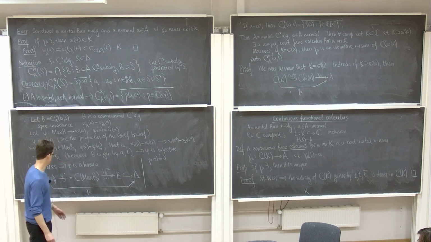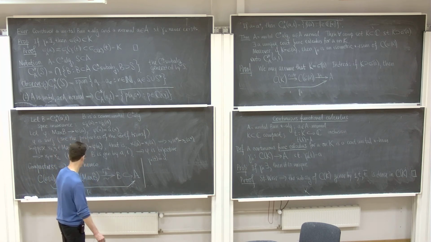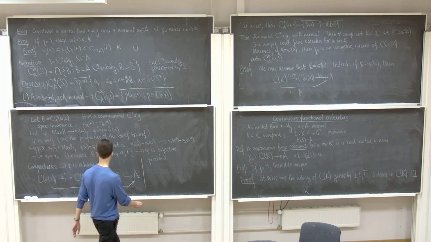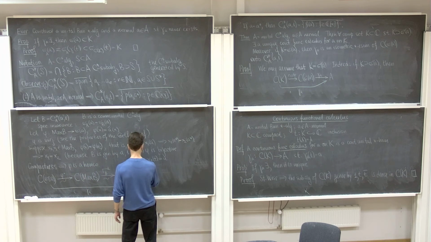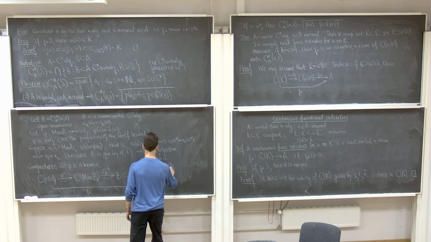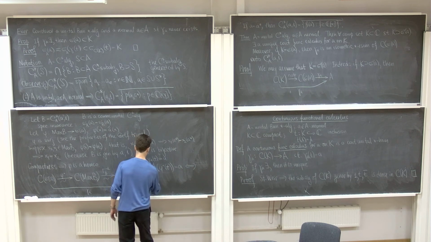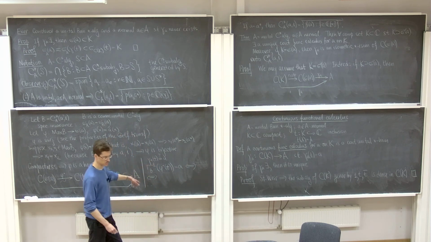Why is it so? To show that this is the case, we have to show that gamma B inverse of phi dot of T equals A. Well, we apply gamma B to both sides.